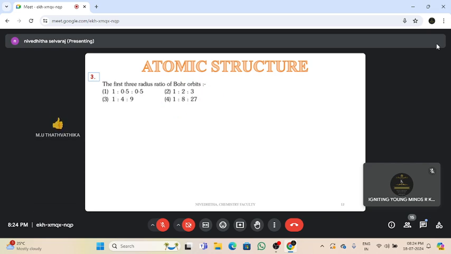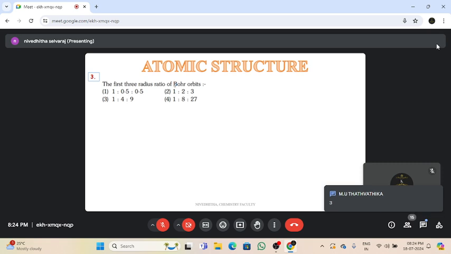Yes, ma'am. Fine. So here they're asking us to calculate the radius ratio of Bohr's orbit. They're asking us to find the first 3 radius ratio of Bohr's orbit. Okay, we'll check that, Ritika.